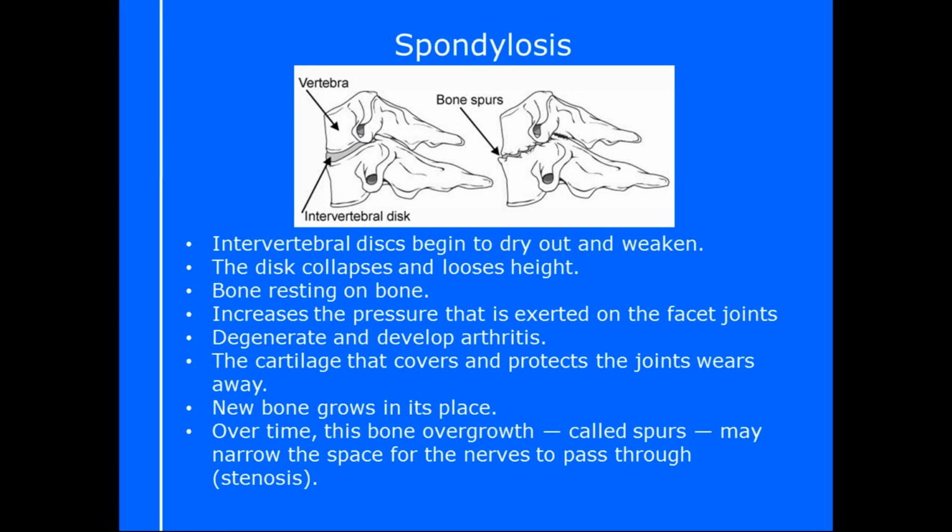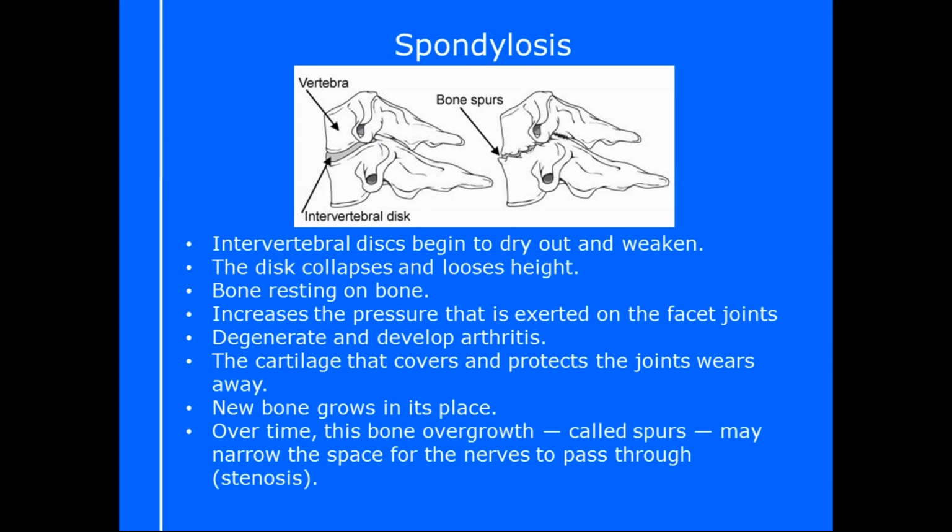Now these facet joints up here are where the transverse processes and the vertebral body itself sit on top of the one underneath it. So it's where they align, like we went through in Module 2. Now, over time, this pressure around the facet joints, and around the outside of the vertebral body, starts to degenerate all around the bone itself.